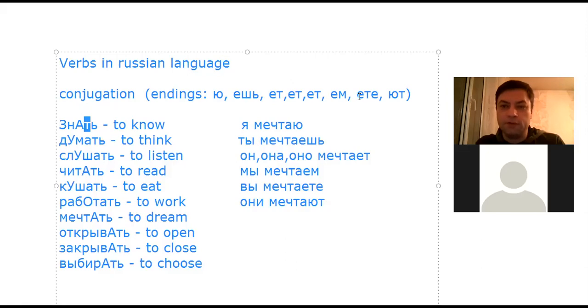For some verbs, the stress will change when you conjugate them in the present tense. And please remember, now we're only learning the present tense. You also need to learn conjugation in the past tense and in the future tense. And for past and future tense, we also have perfect and imperfect.